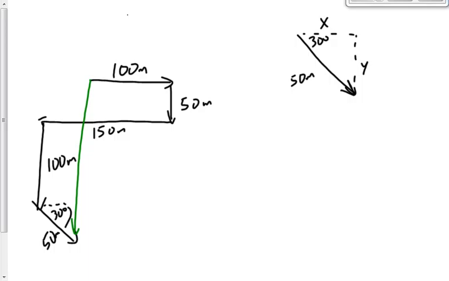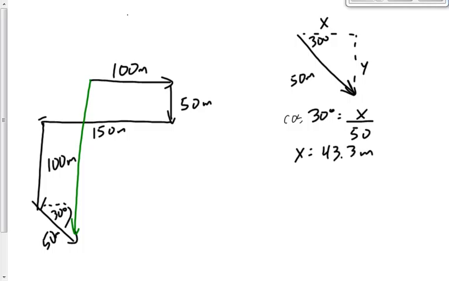Yep, cos, right? SOH CAH TOA. Cosine is adjacent over hypotenuse. Cosine 30 degrees is equal to adjacent over the hypotenuse. X ends up being equal to 43.3 meters.